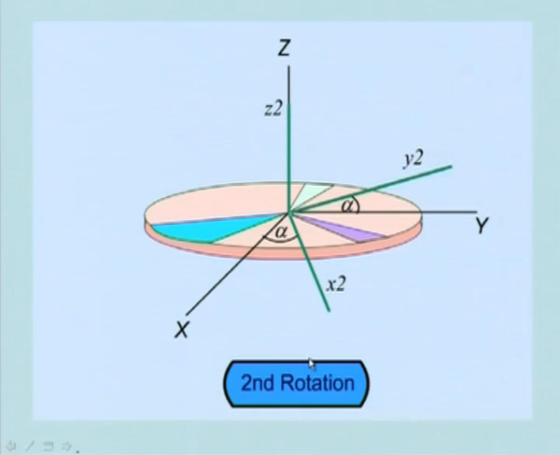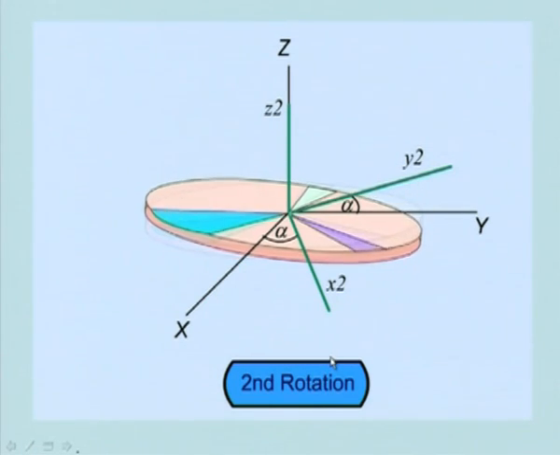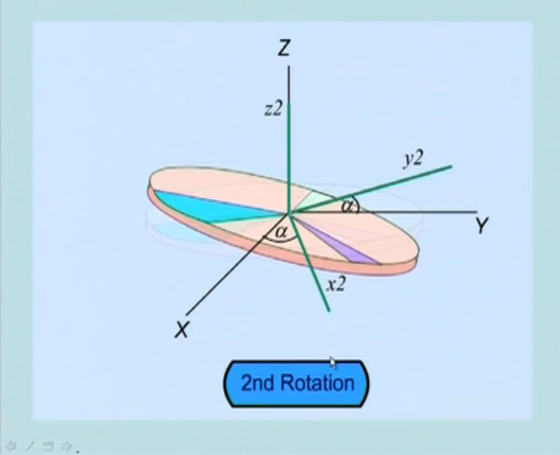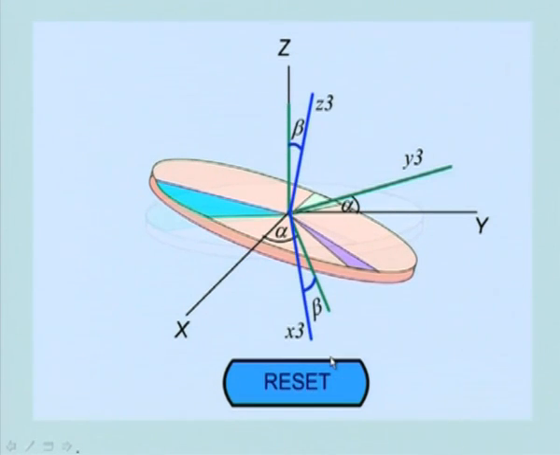We will see it again. This was the x2, y2 plane, and then this gets rotated. Now this is the x3, y3 plane, so their intersection will be called the line of nodes.